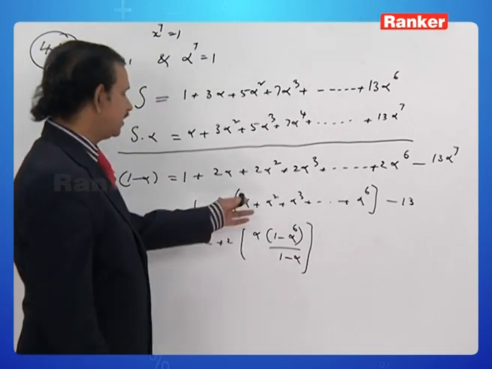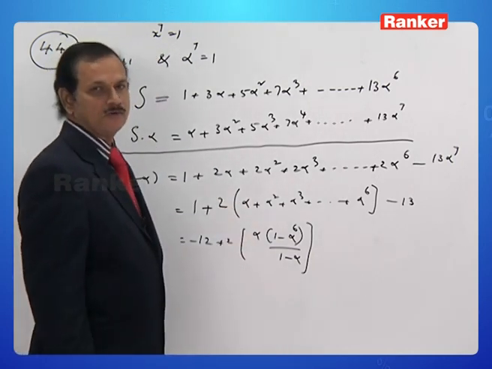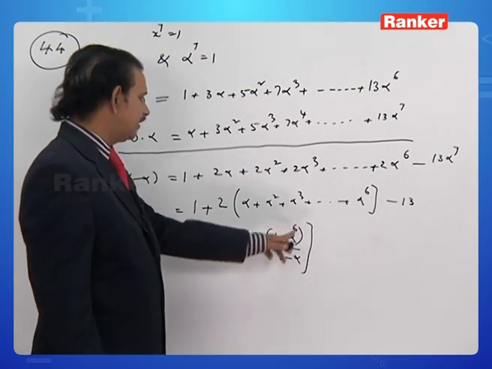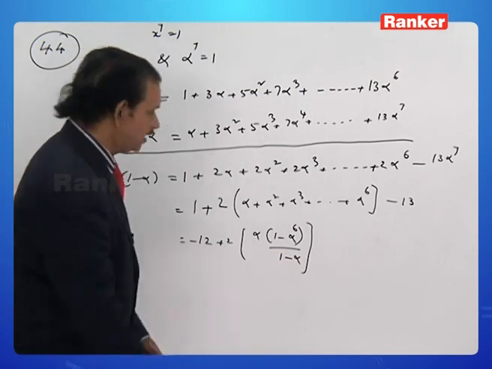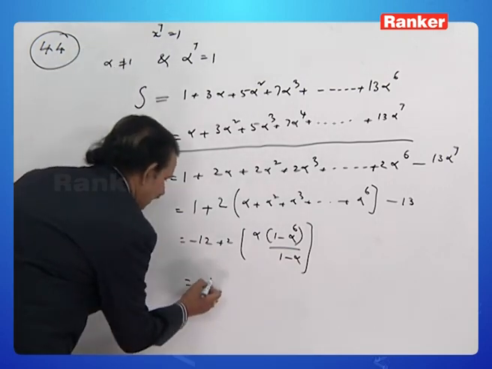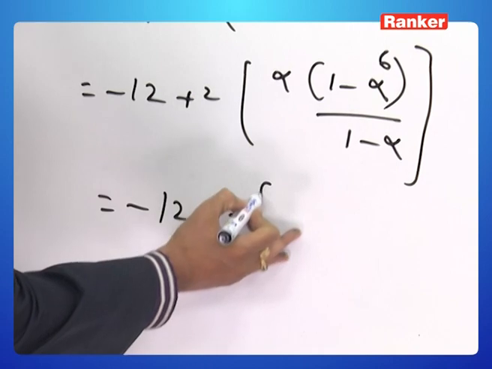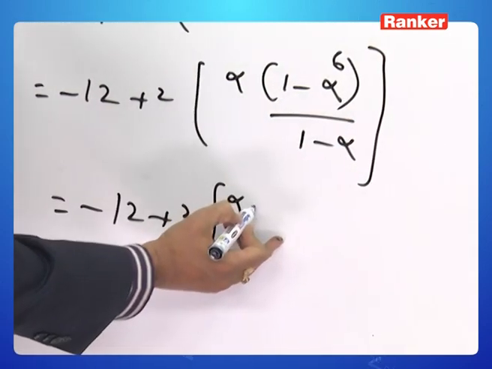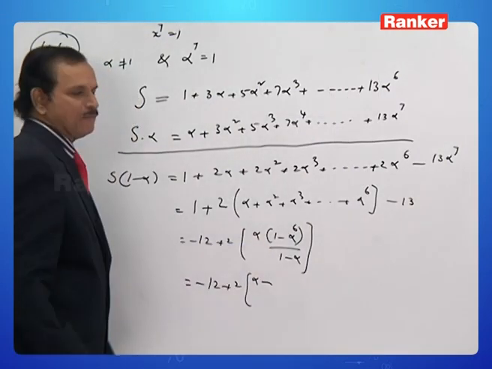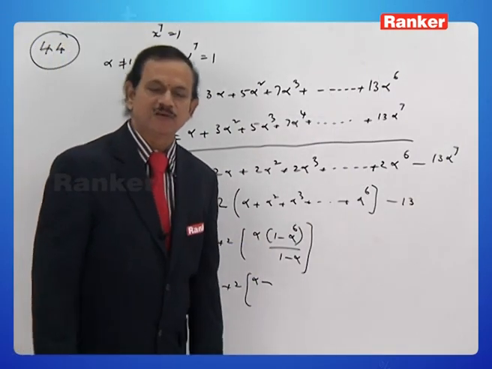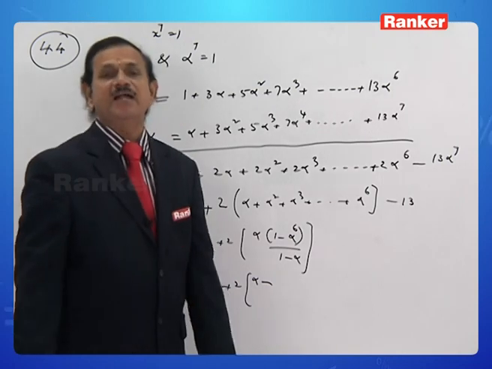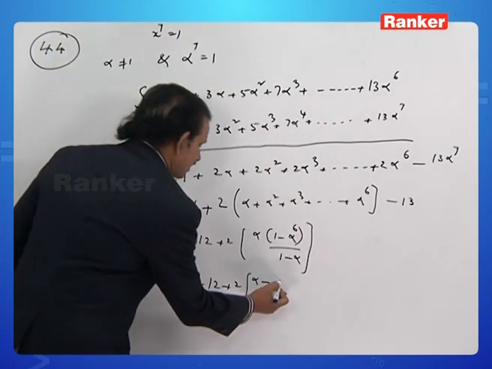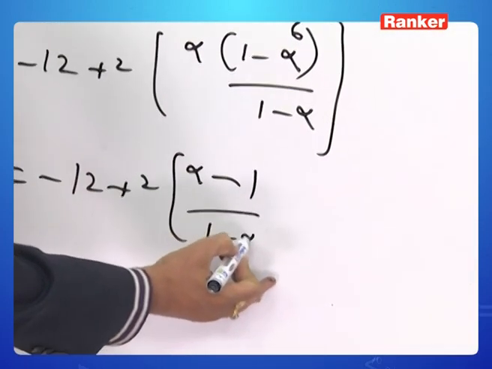What is the first term here? Alpha. What is the common ratio? Alpha. So A into 1 minus R power n by 1 minus R. So this is minus 12 plus 2 into alpha into 1 minus alpha power 6, alpha into alpha power 6. Alpha into alpha power 6 is alpha power 7. But alpha power 7 is 1. Hence we can write this as alpha minus 1 by 1 minus alpha.